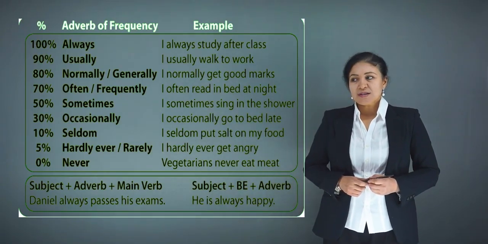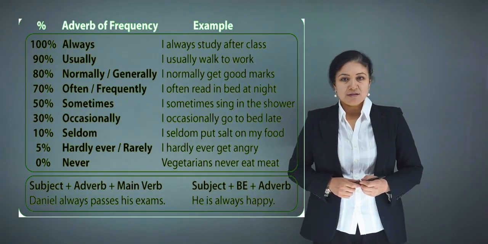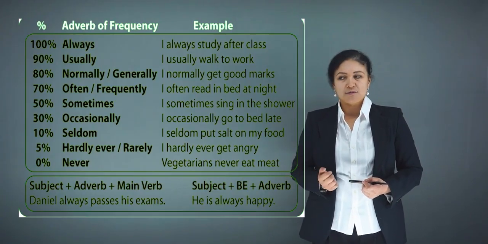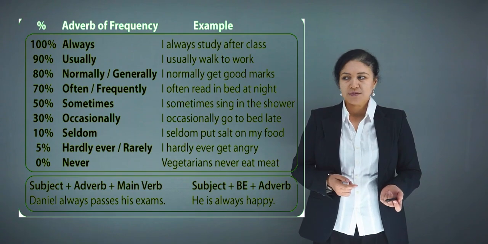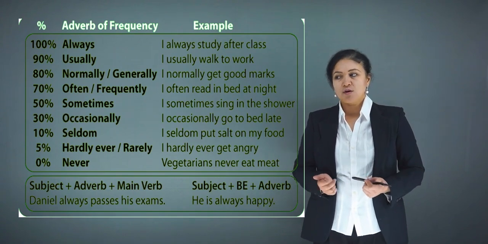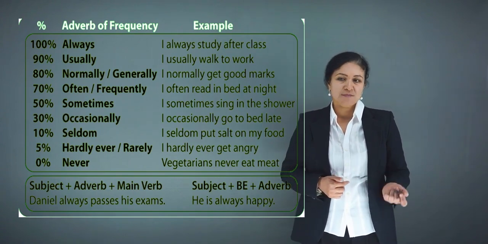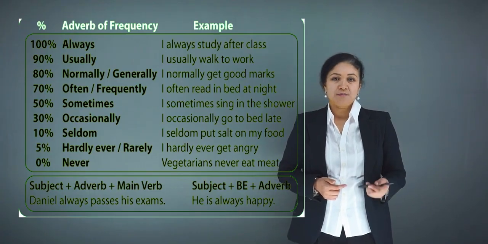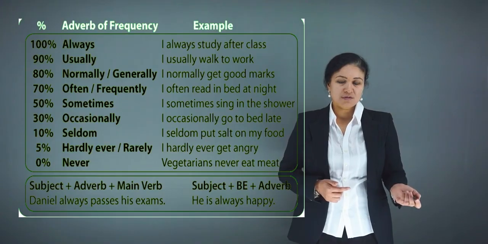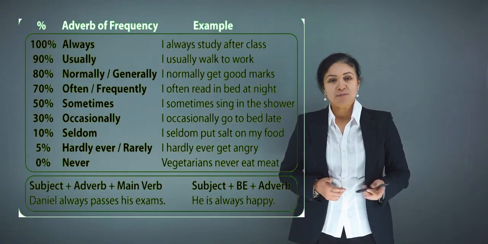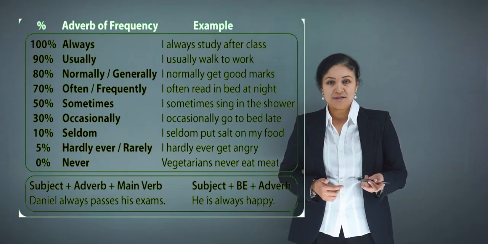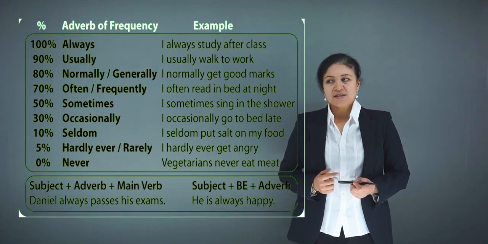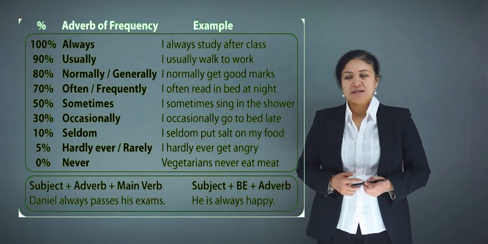How we use adverbs in the sentences. You may see in this formula, subject plus adverb plus main verb. For example, Daniel always passes his exams. Or I usually get up at 7 o'clock. If there is a main verb in the sentence. Next formula, subject plus be plus adverb.